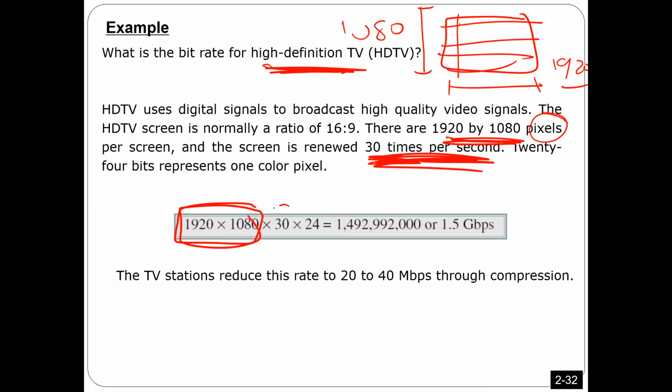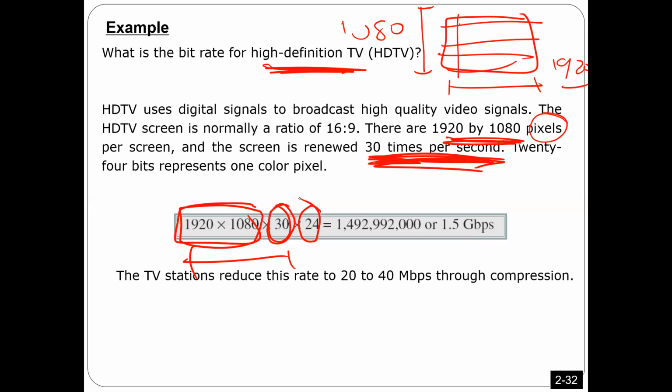If I multiply it by 30, this gives me how many pixels we have every second, because in every second I'm going to have 30 images, and every image has this number of pixels. And every pixel is going to take 24 bits.